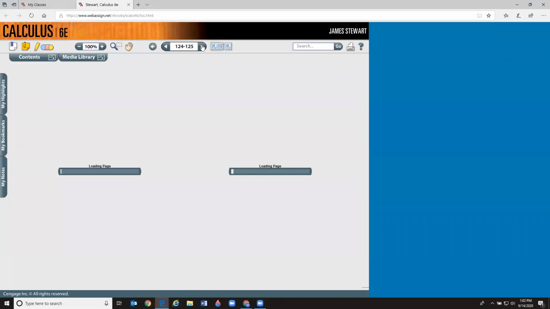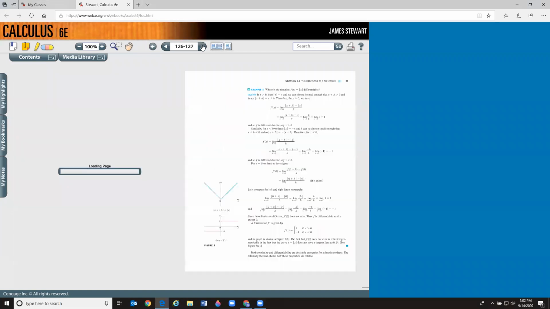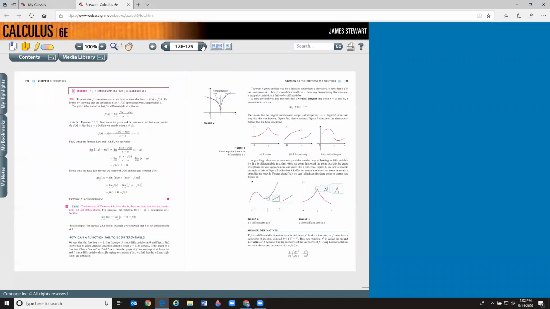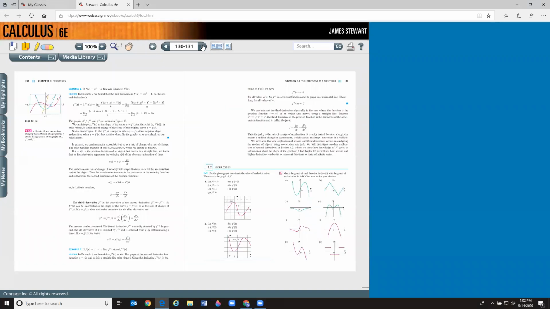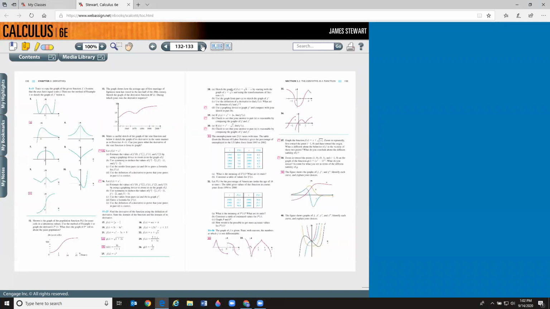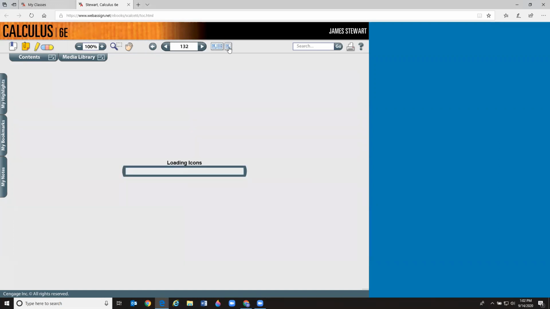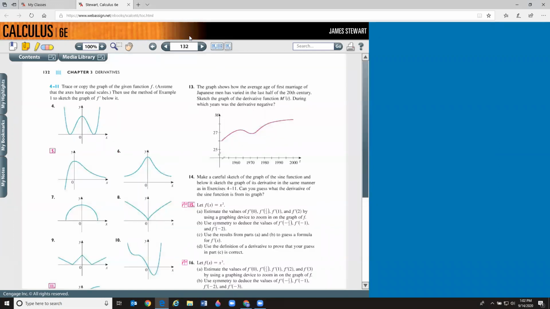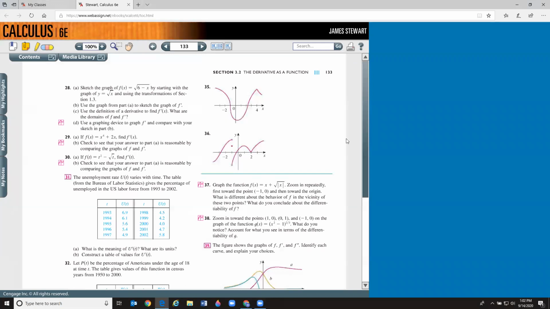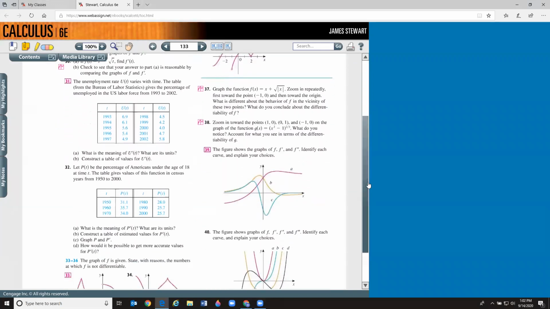Let's see what function differentiability tells us about the function, what the function tells us about the derivative graphically. I want to take a look at number 39 in particular. So we can talk about, again, what does one say about the other.